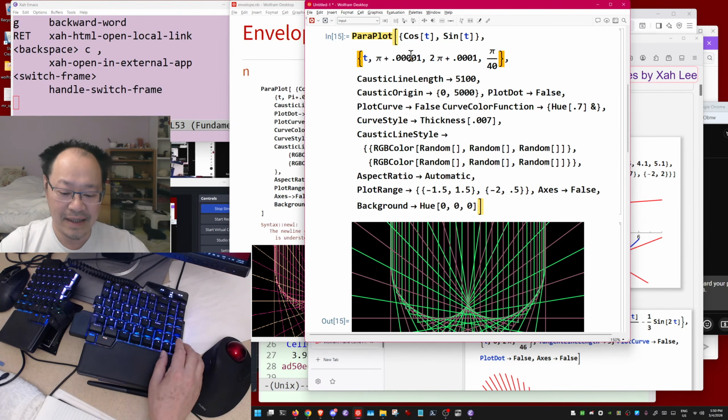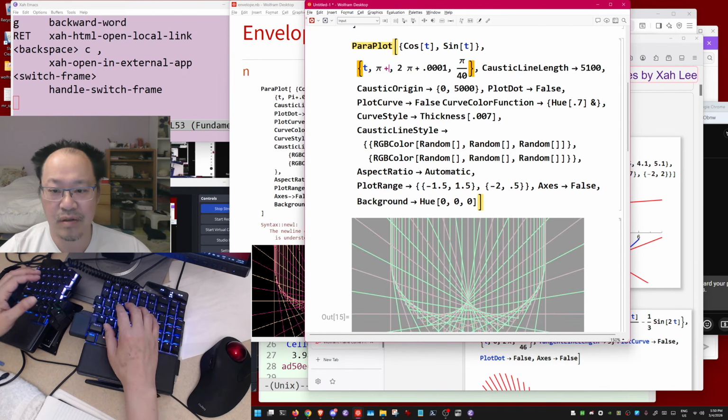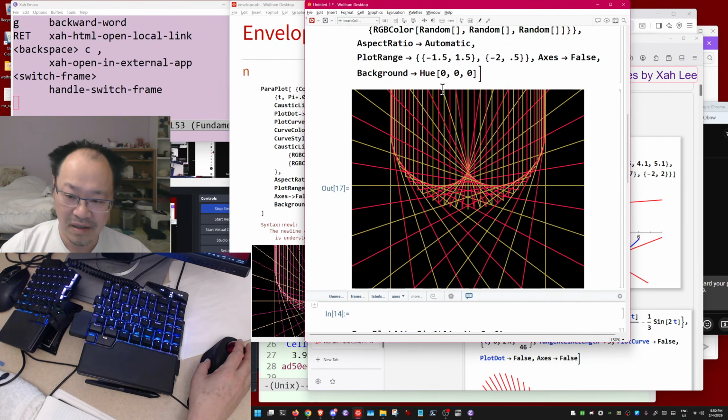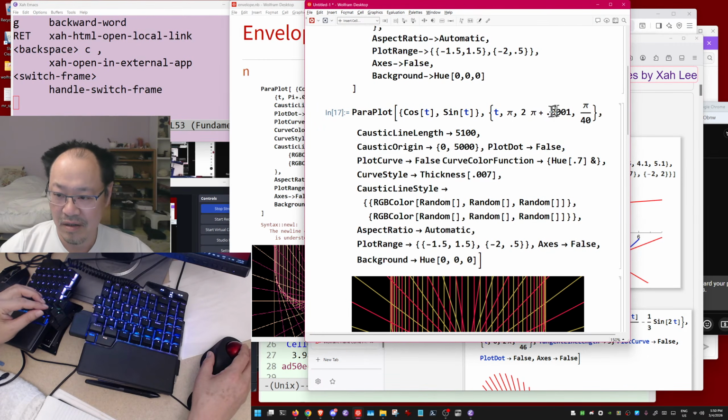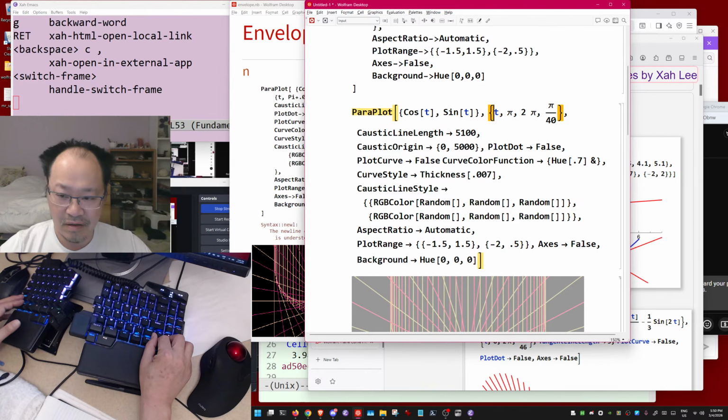You see, we add those tiny numbers to prevent division by 0 and division by infinity, something like that. That's why we add those, but actually I don't think it's necessary. Let's try it again. You see, it's not necessary. So this tiny number, let's remove it. In this case, we are plotting cosine and sine.